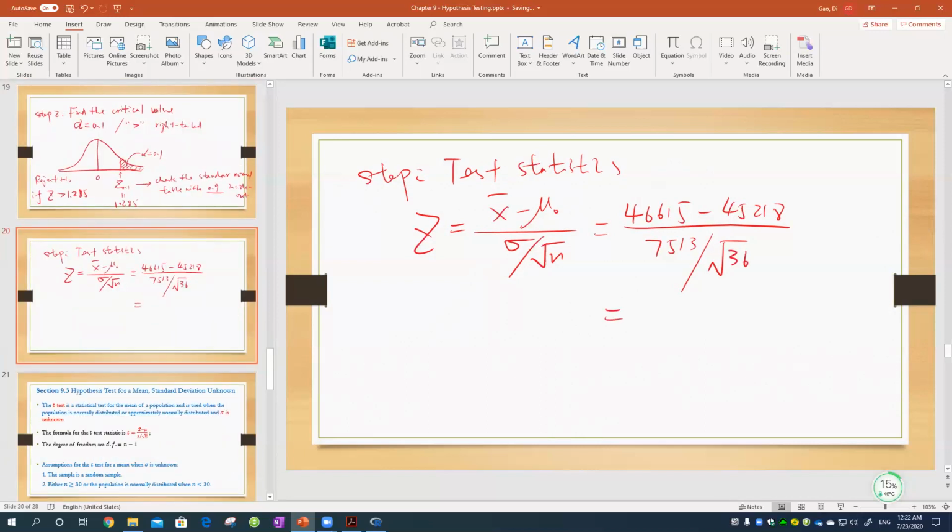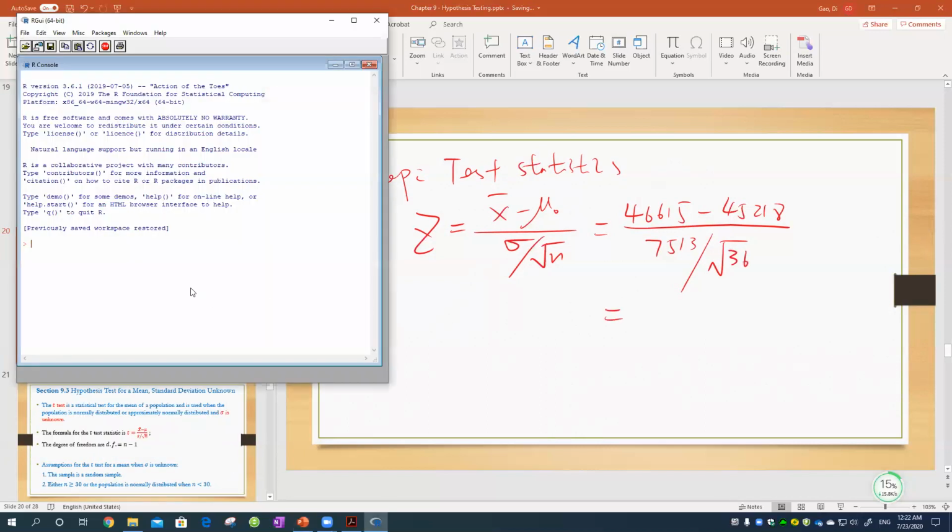So now we're going to obtain that value using the calculator. So open parenthesis, 46615 minus 45218, close parenthesis, divided by, again, 7513 in parentheses, 7513 divided by 6 because square root of 36 is 6.